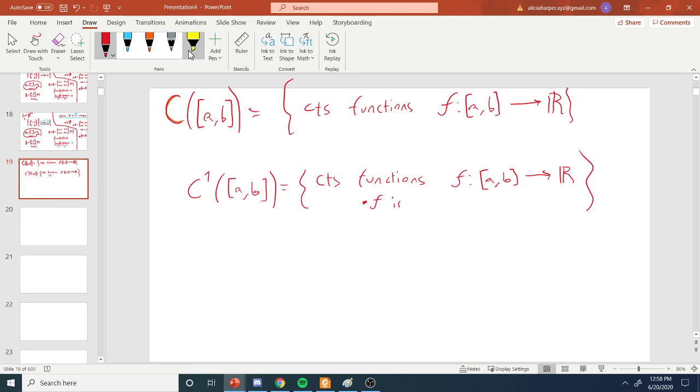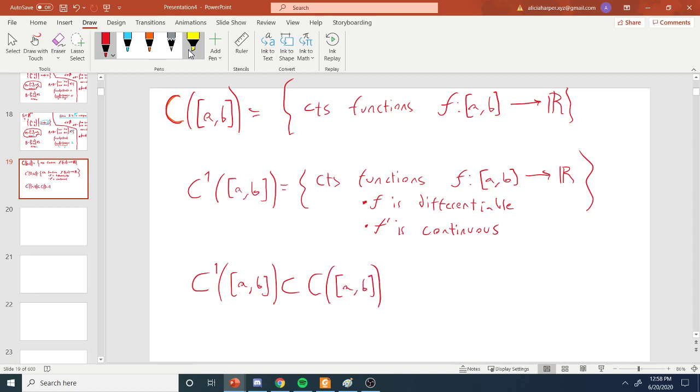F is differentiable. And F prime is continuous. And so, first off, note that as a set, this is inside the set C of [a, b].